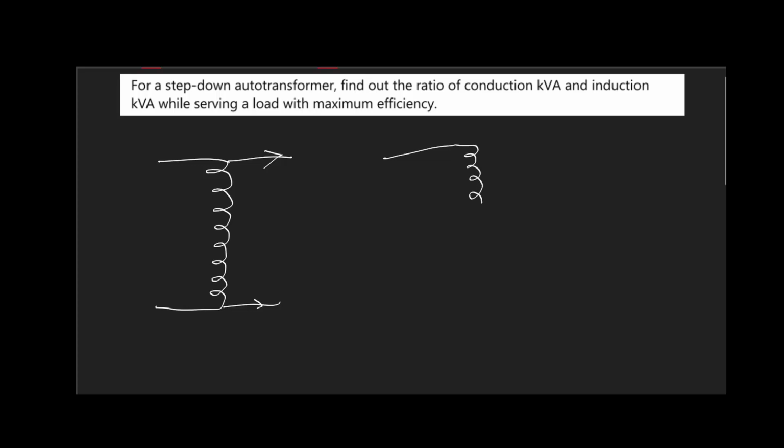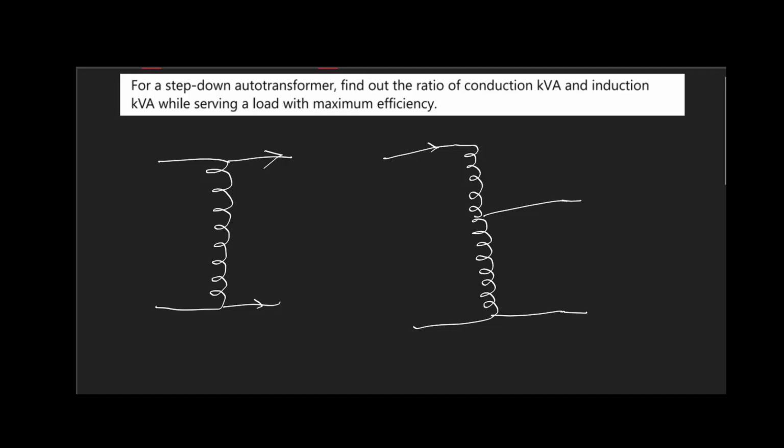Because when you convert a two winding transformer to an auto transformer, the output is kVA into cos theta plus losses. These losses for two winding and auto transformer remain the same. Only this kVA cos theta you can vary, and if you make it maximum, you will get it.